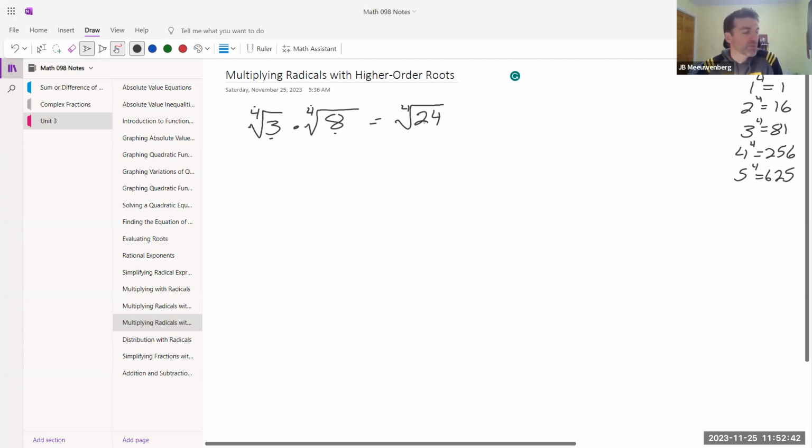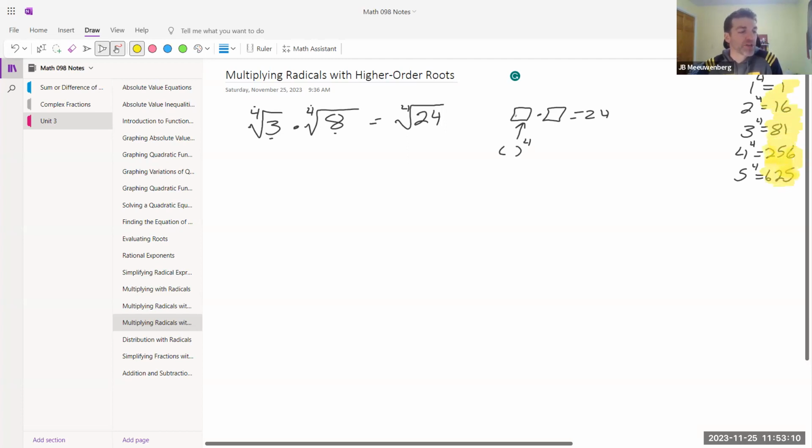So if we look at the number 24, what we're thinking about here is, does anything times anything else equal 24, right? Is there some number, two numbers that multiply to be 24, and one of them is a number to the fourth power, which means one of these things over here, right? And the answer to that is, hopefully, obviously, it's not.